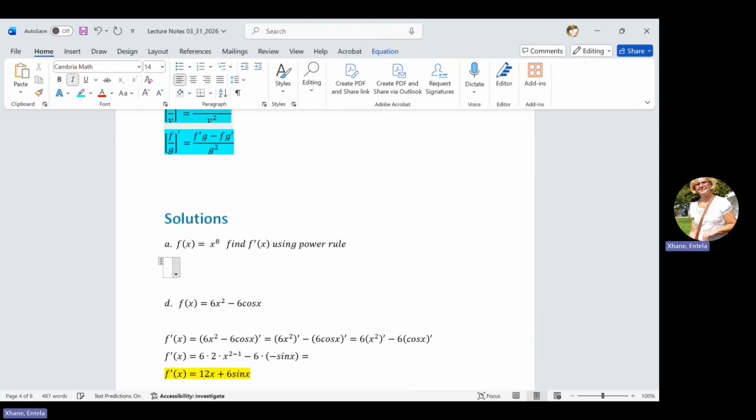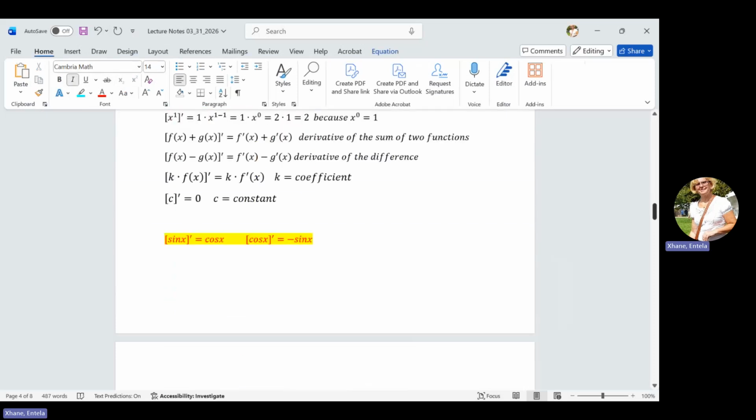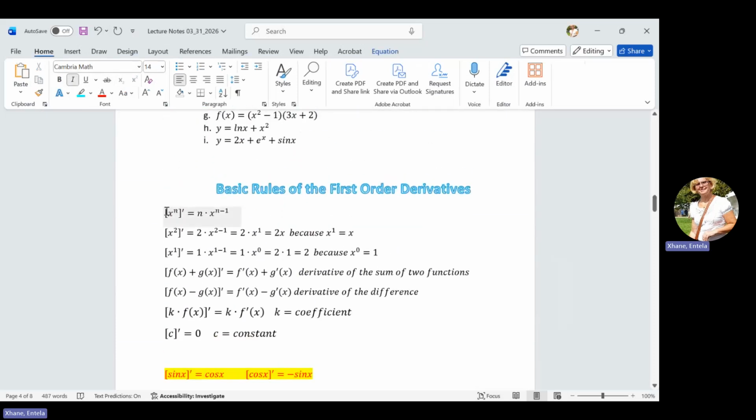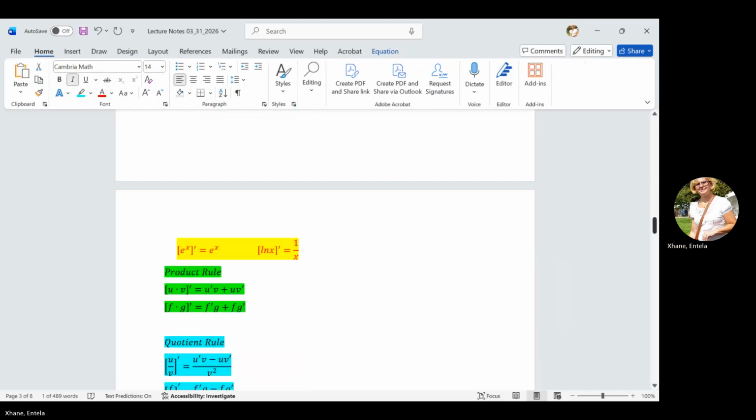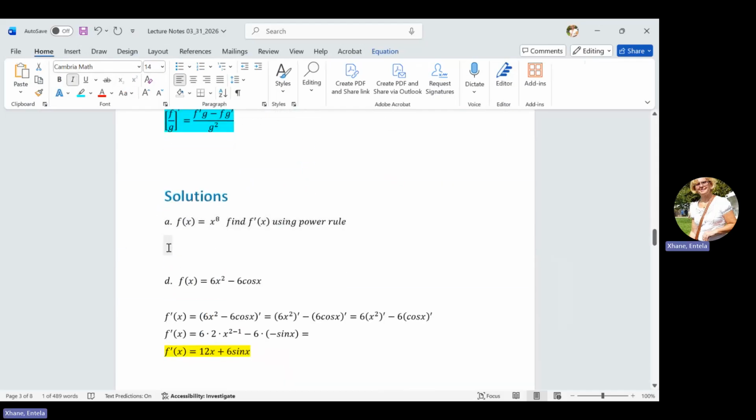So I'm about to use power rule. So what is power rule? Here's the power rule right there. I'm going to copy it to make it easier for you to follow through.